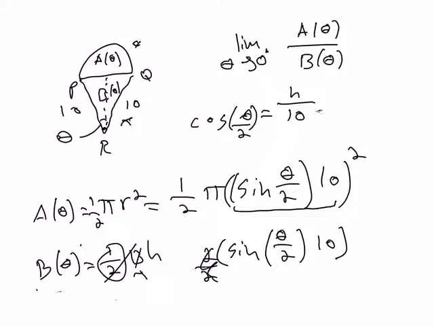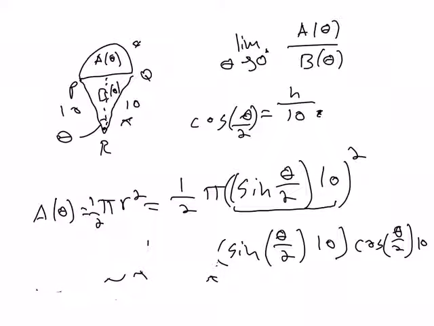So we have that h is equal to cosine of the angle over 2 times 10. So this is what we have, and this is going to equal the area in terms of our angle, right?